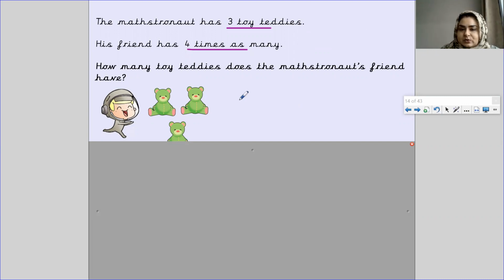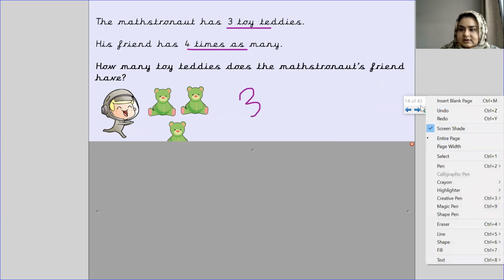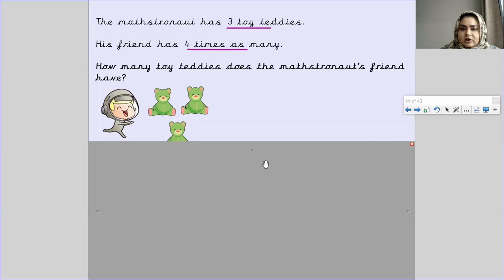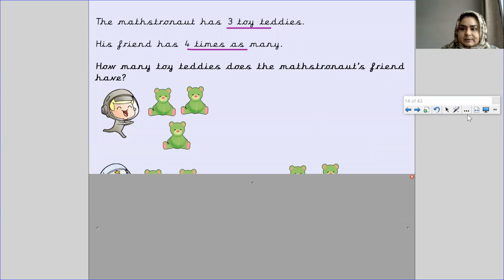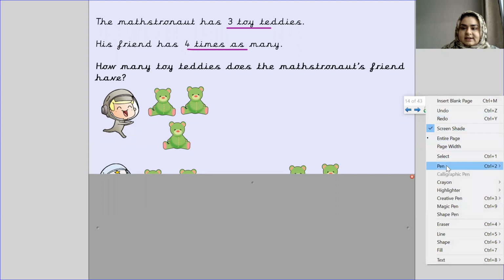Okay, so first we know that the astronaut has, let's undo this and I'll explain it to you again. So now we know the astronaut has 3 teddies.